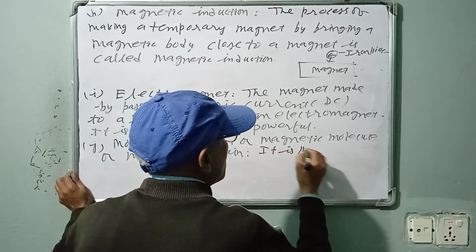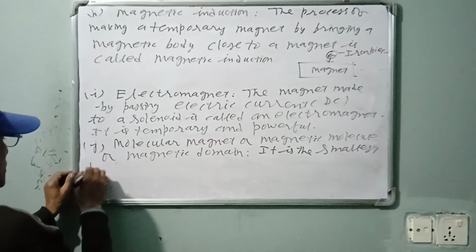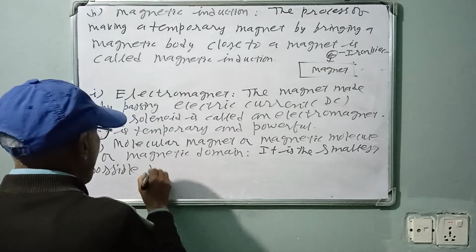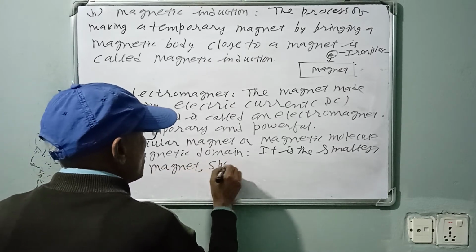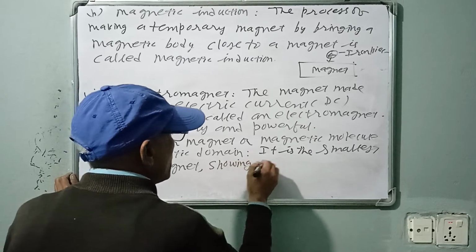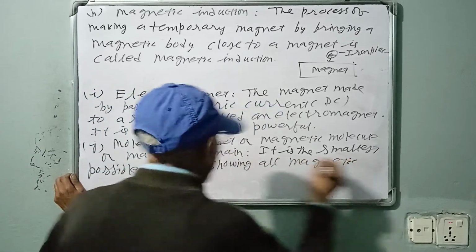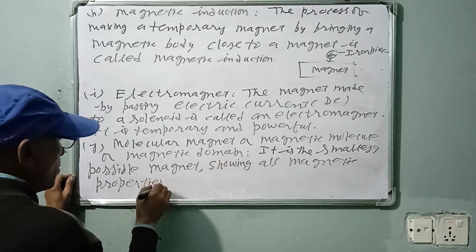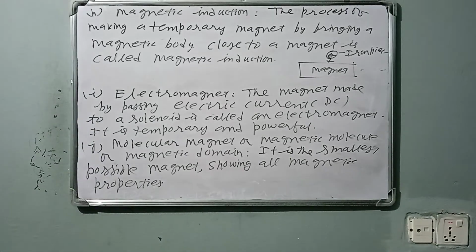It is the smallest possible magnet showing all magnetic properties. This is called molecular magnet.